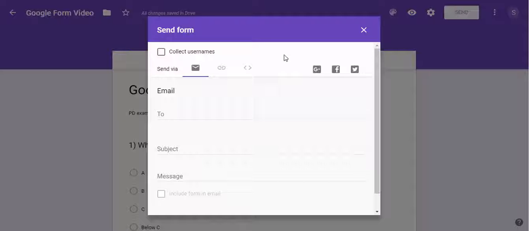Okay, I'm going to do just a simple email first. I'm going to email myself. So I'm going to click this, send via email, and then I'm going to put my name and my email address.